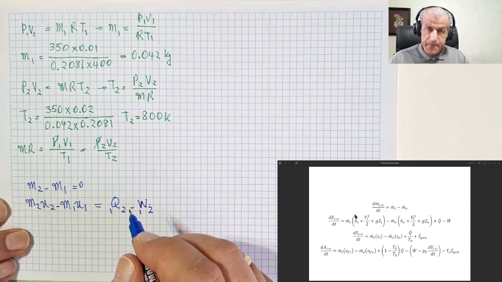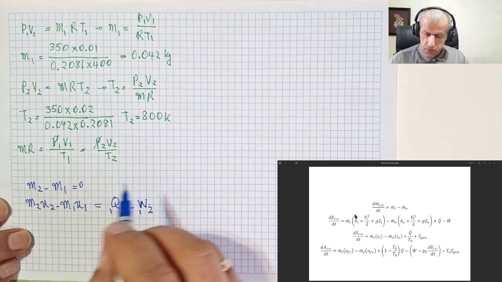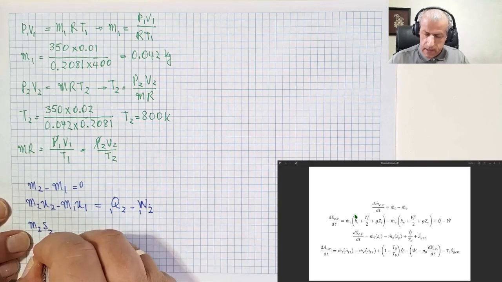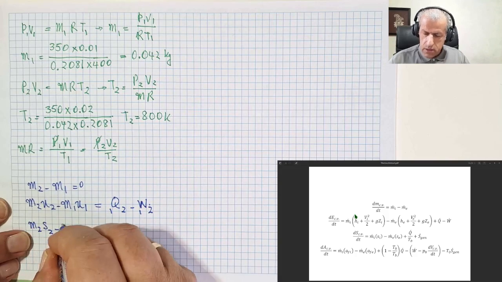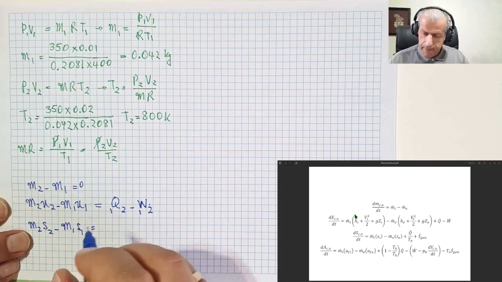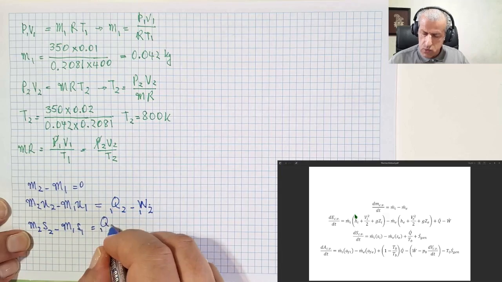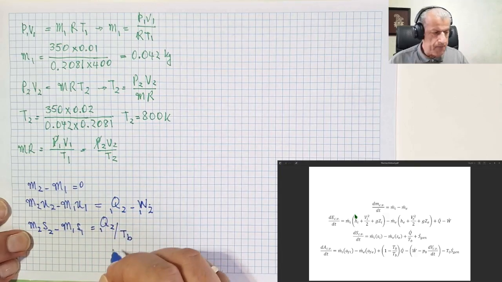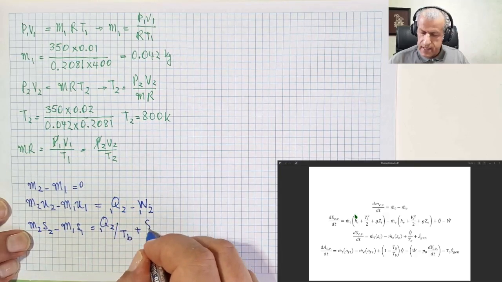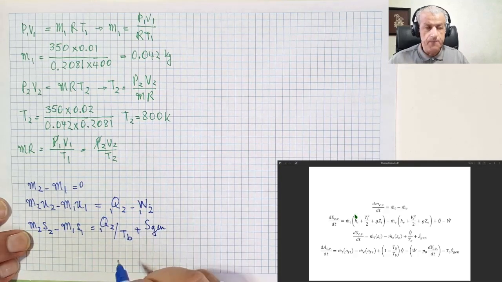The second law of thermodynamics simplifies to M2S2 minus M1S1 equals Q12 over TB plus Sgen.